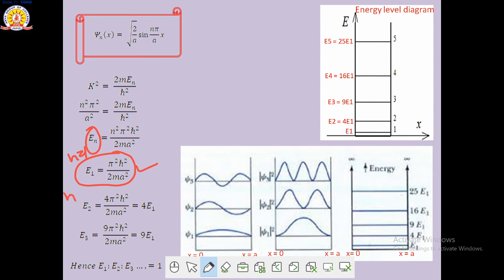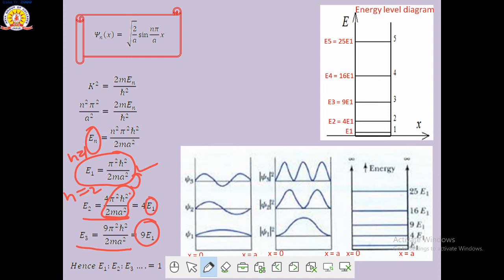And if you put n equal to 2, meaning the first excited state, it will be 4π square h cross square upon 2m a square. And π square h cross square upon 2m a square is E1, so you can put that value here, and it will be 4E1. Similarly for E3, it will be 9E1.